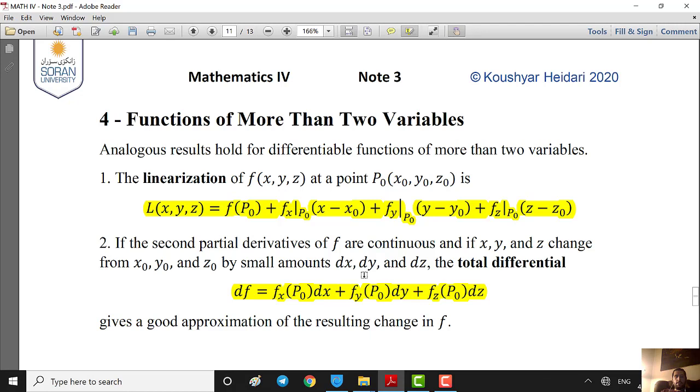That is the generalization of the idea of total differential for a function of more than two variables. In this case, three variables. But this also can be generalized to a function of n variables.